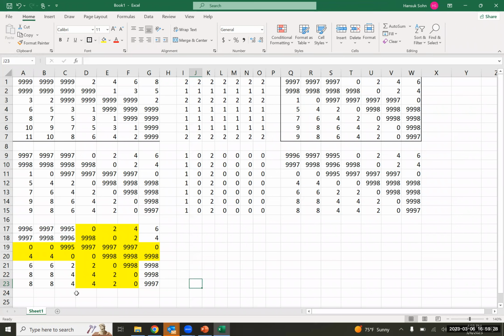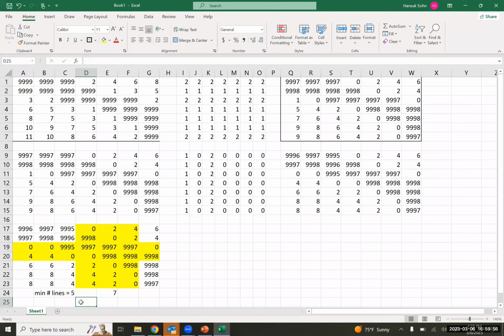Okay, so the minimum number of lines is 5, right? Which is not equal to the total number of rows or columns, which is 7, right?